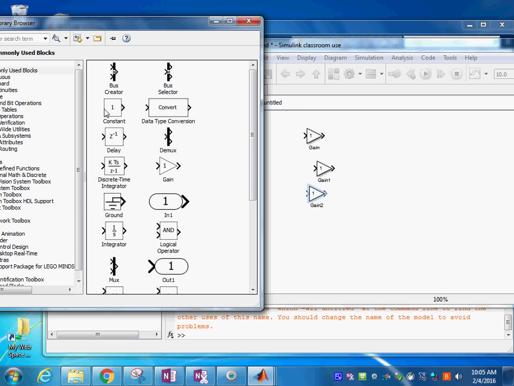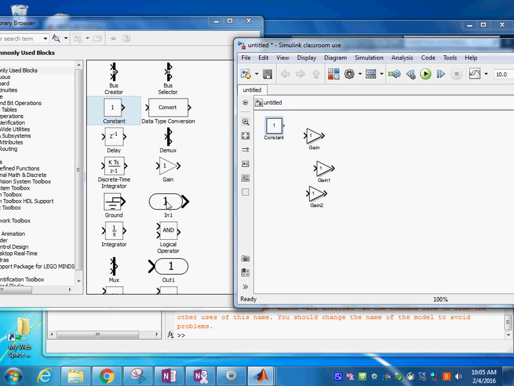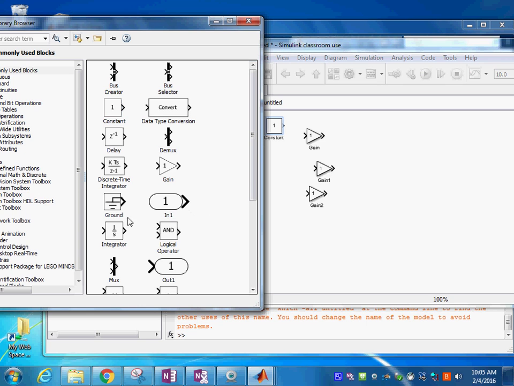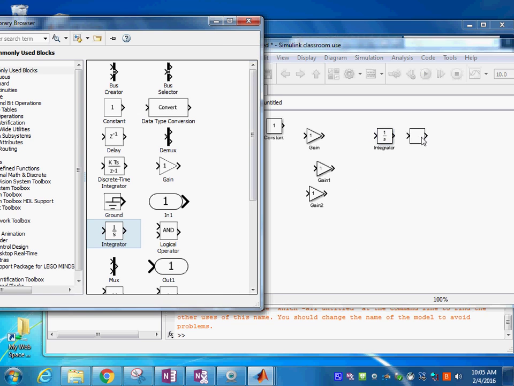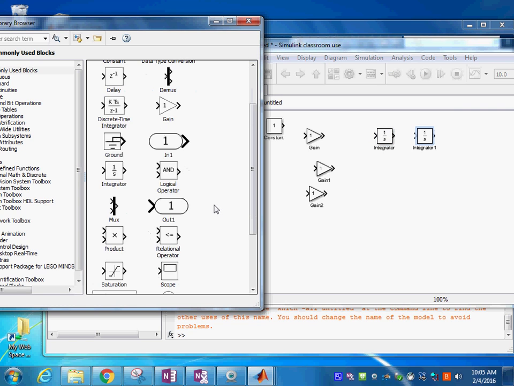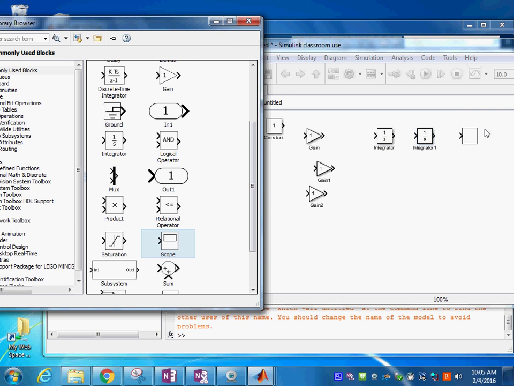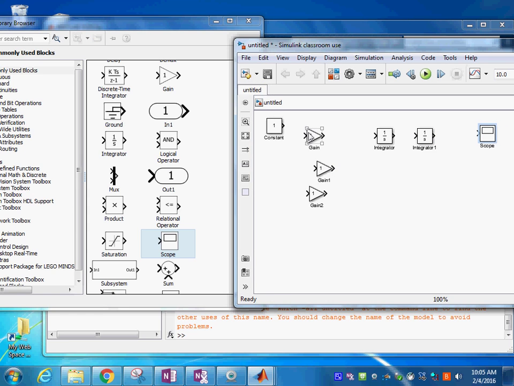This is that constant in here that I told you about. We need that one. We need these integrators, 2 of these. Then we need 1 scope. Of course, you can always change this.